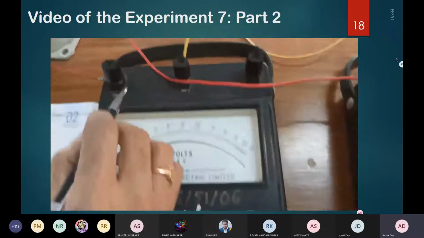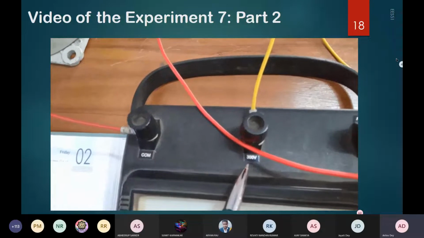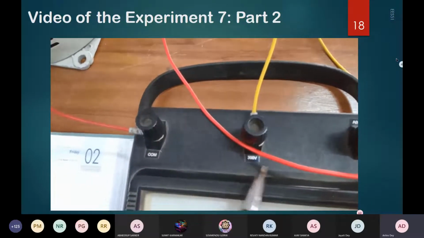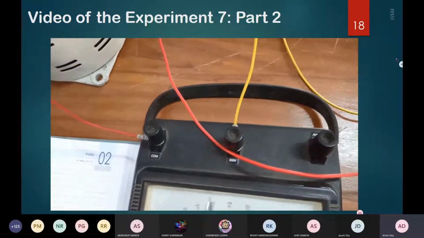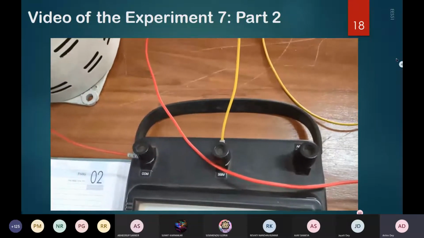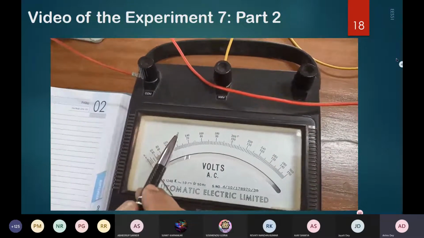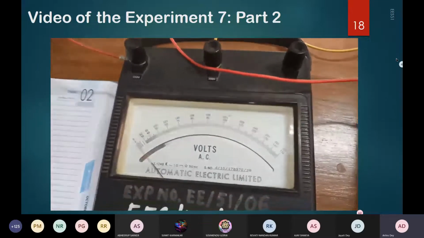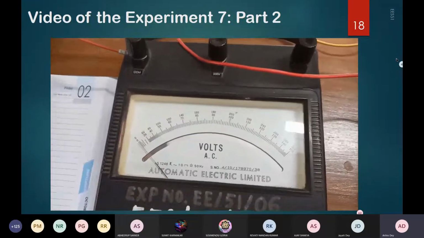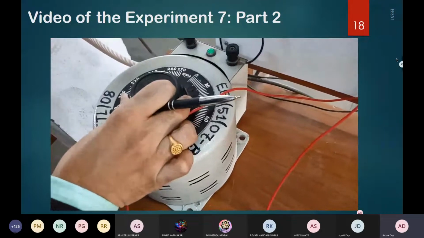I have connected the voltmeter on the 300 scale, because we cannot go for the 150 volt scale, so we have to read the scale above in the dial. Gradually I am increasing the voltage from 0 to 20.